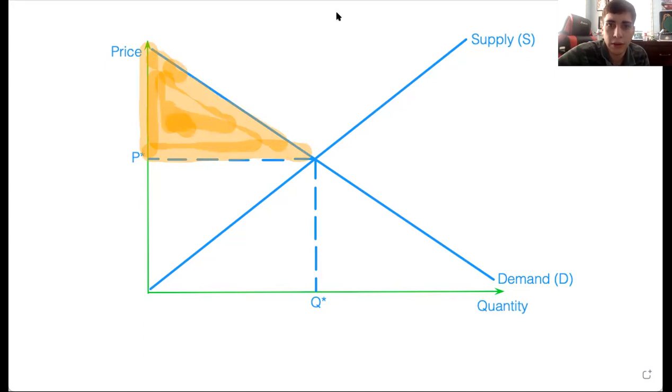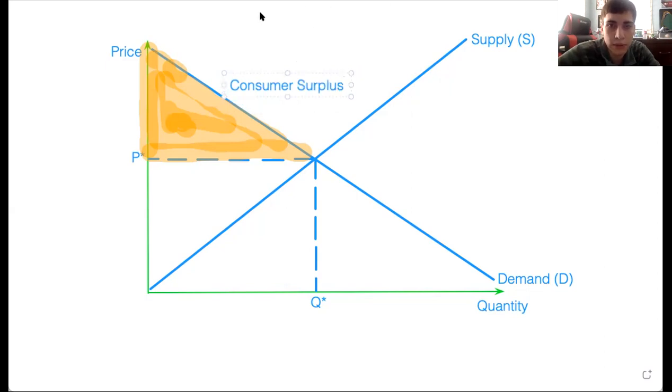That would be your consumer surplus, which I'll label in a little text box here as consumer surplus. It can also be labeled as CS, but I'm not going to do that, because I don't want to confuse you all too much.